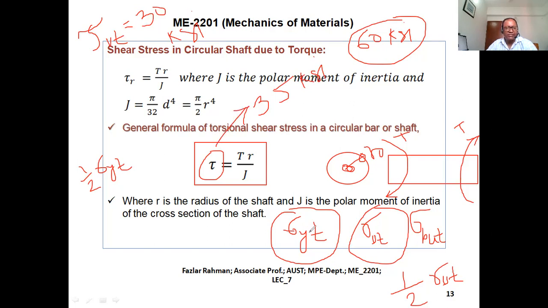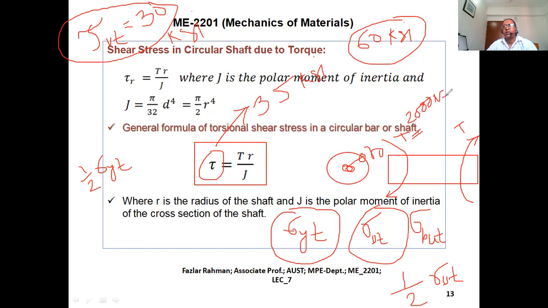Anyone? Sir, can you repeat the question? Will the material break down or will it survive, that I'm asking. Say a material is given tau ut equal to 30 ksi. That much stress it can take. Now you have a shaft, the torque, say 2000 newton meter.